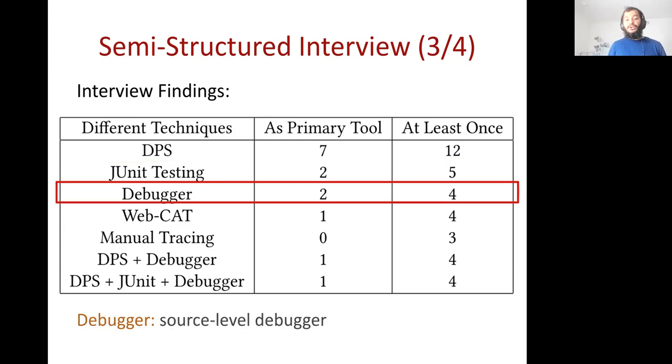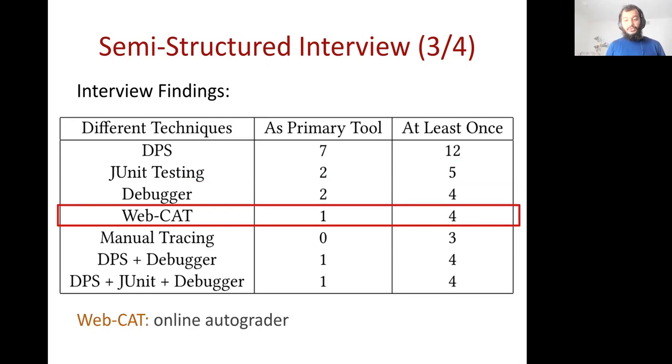Then we have the source level debugger. We found that a good number of students also used the source level debugger for bug investigation. Students also mentioned that they used WebCat, which is an online autograder.